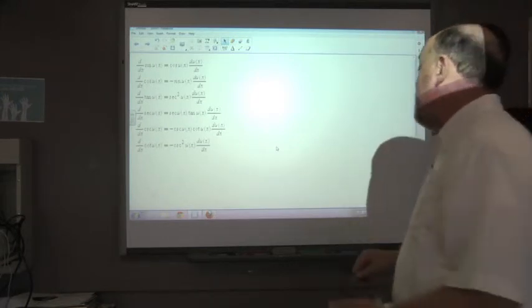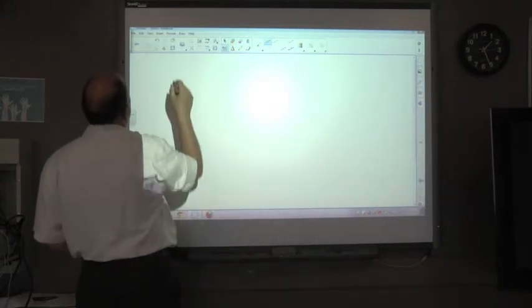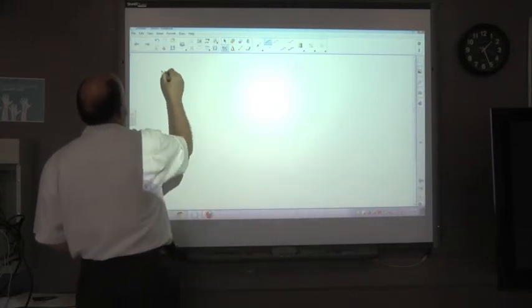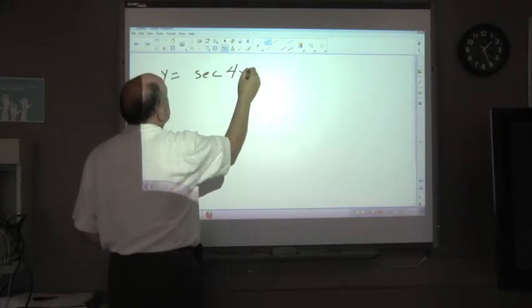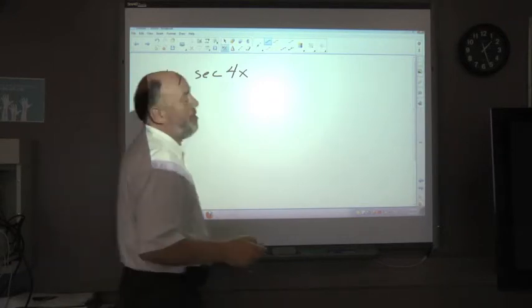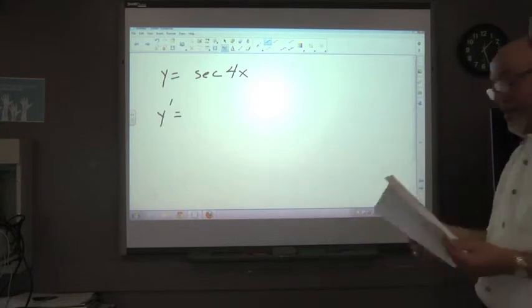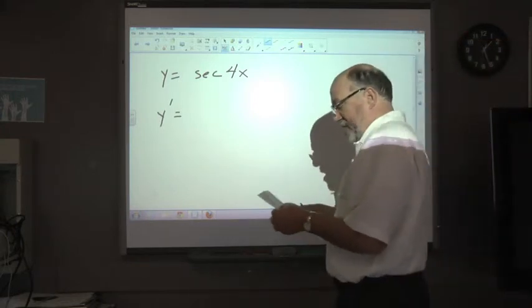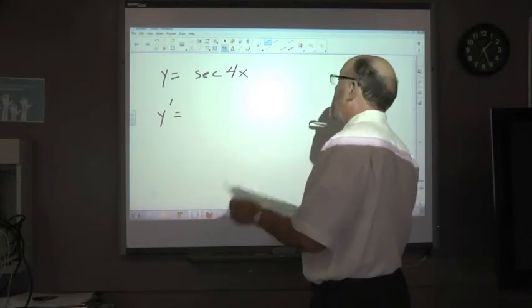So for example, let's say I had something like this. Given y equals secant of 4x, I want to know what is the derivative of that. Again, based on that chart we just had, the derivative of secant u is secant u tan u.